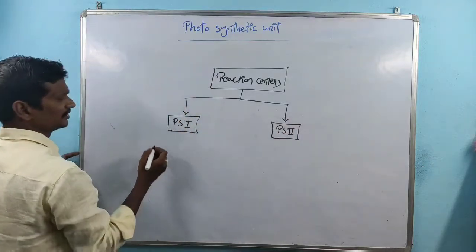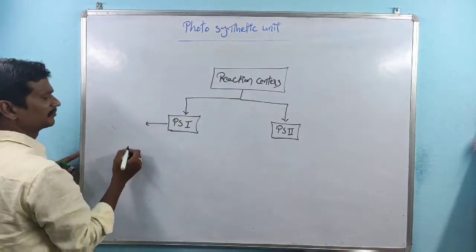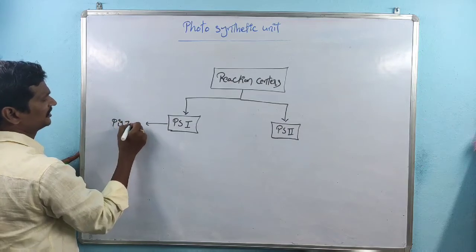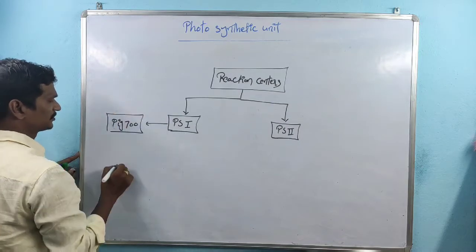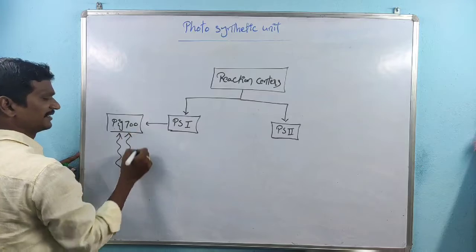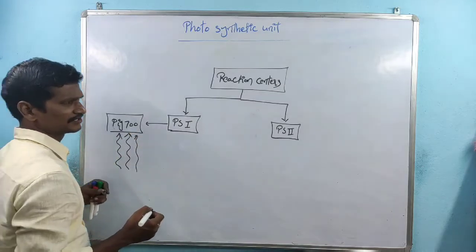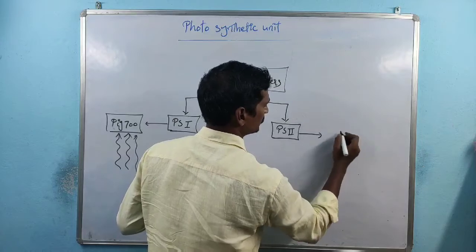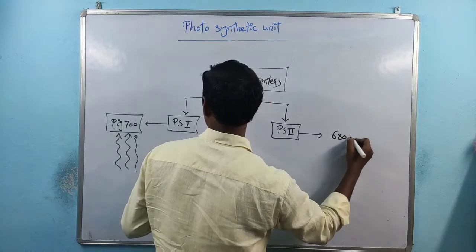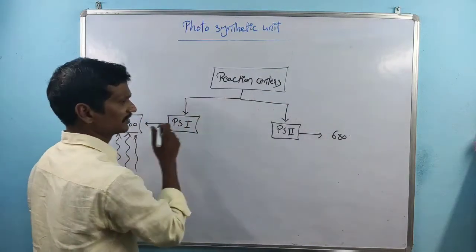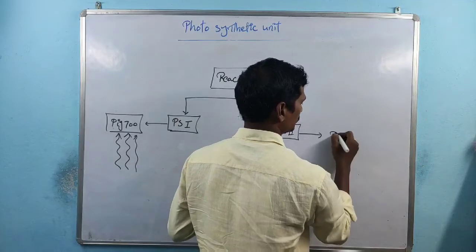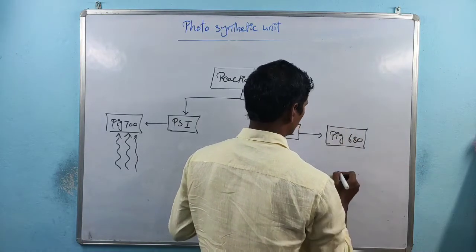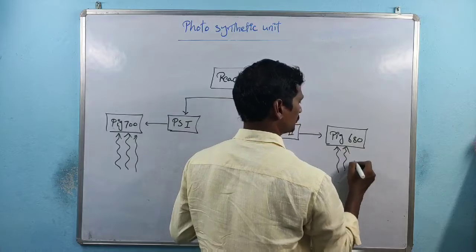The PS1 has pigment 700, which absorbs light energy. And PS2 has pigment 680. This one is 700, this one is 680. This is pigment 680, and it absorbs light energy.